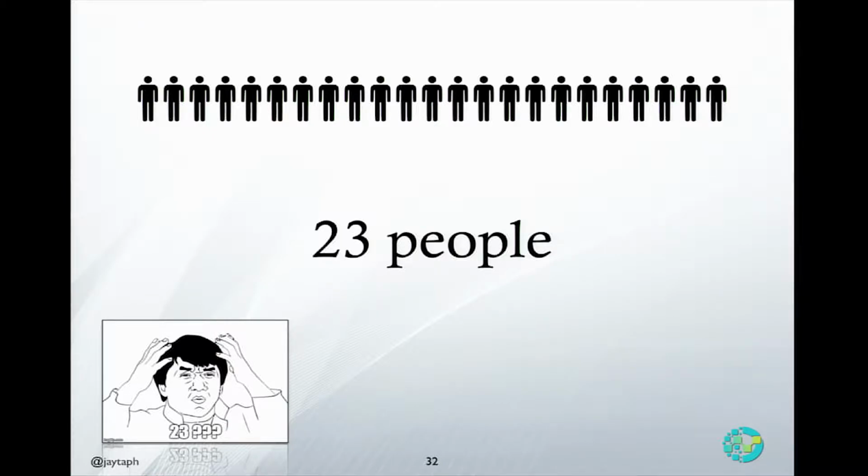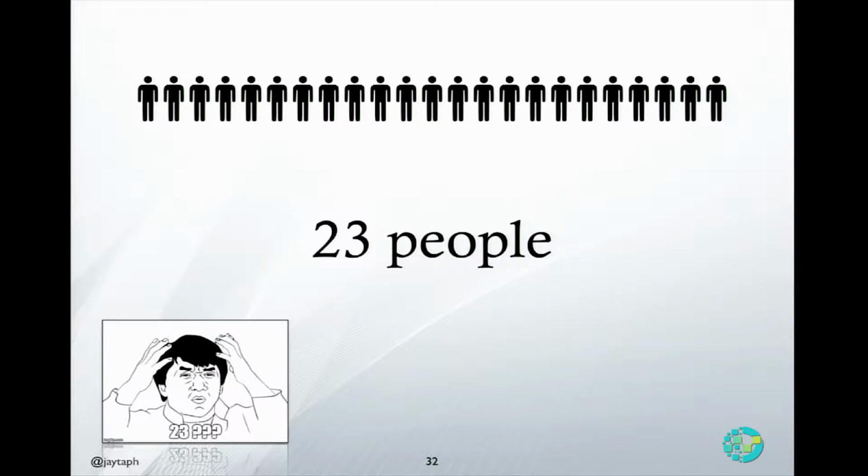But if we had only 23 people, there's a 50% chance that two people share the same birthday. If you have, I think, 57 people in the room, I think there's a 99% chance that two share the same birthday.